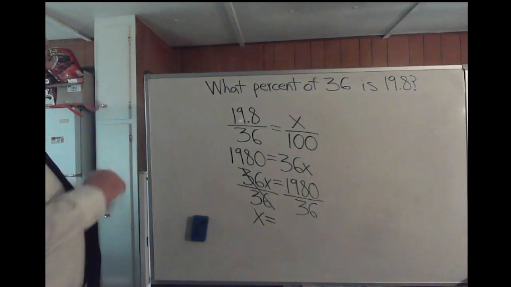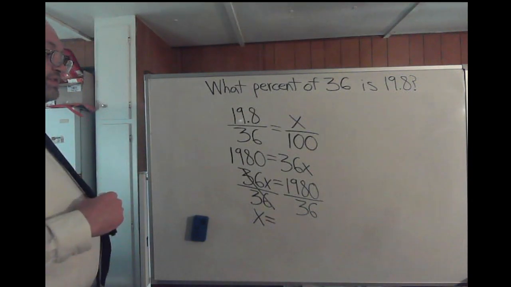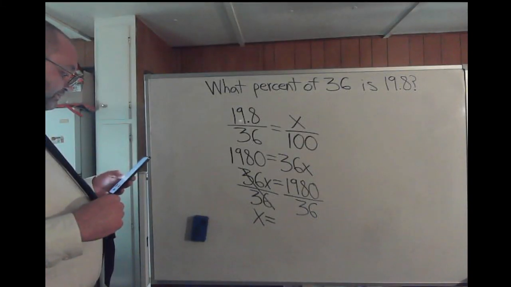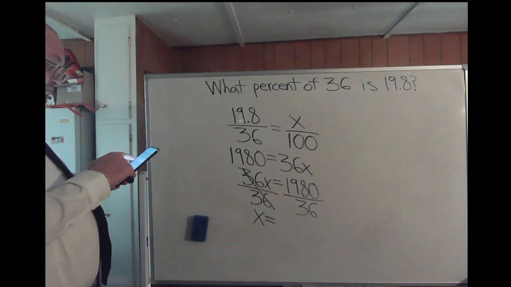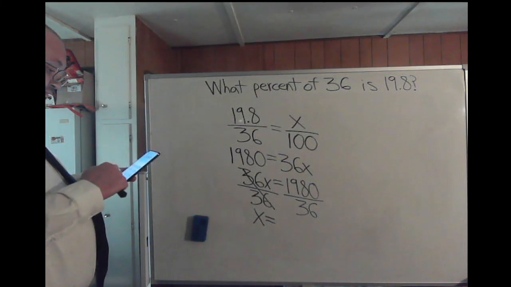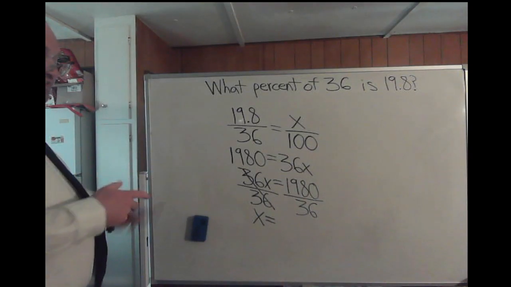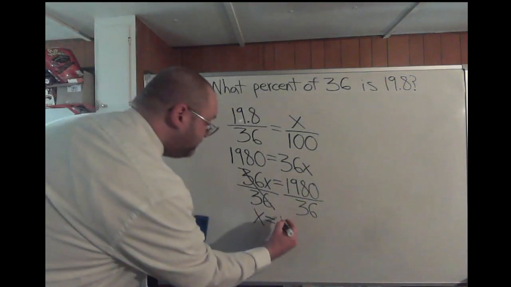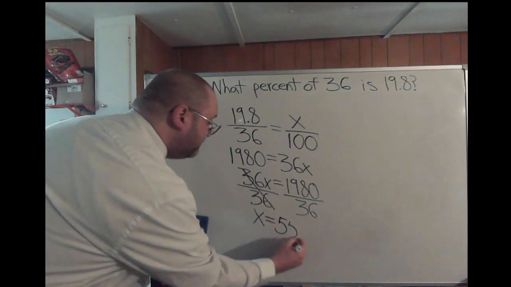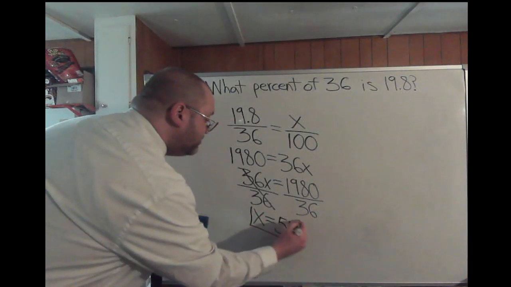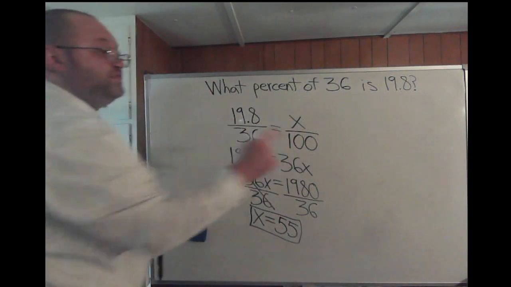That's going to be equal to 1,980 divided by 36. Looks like 55. So we got x equal to 55, which 55 out of 100 is 55%.